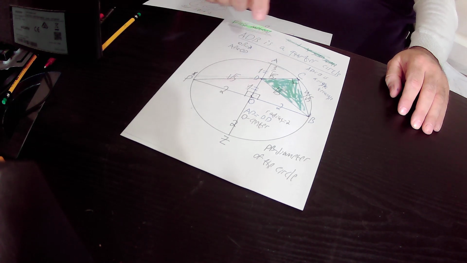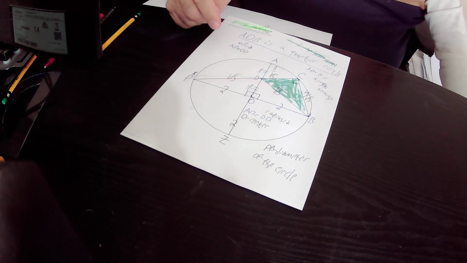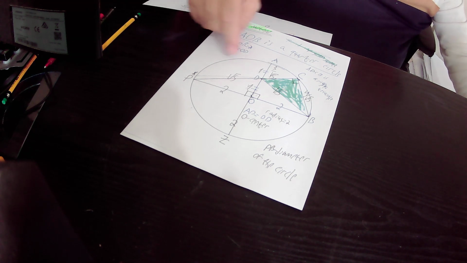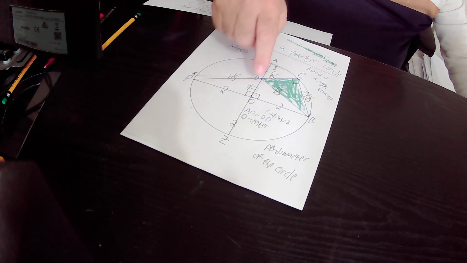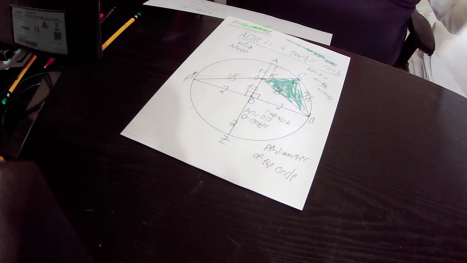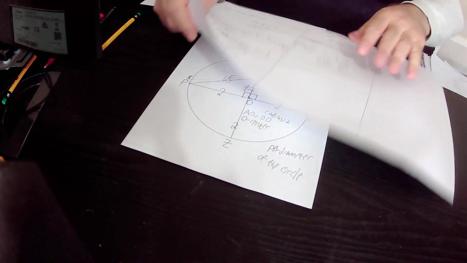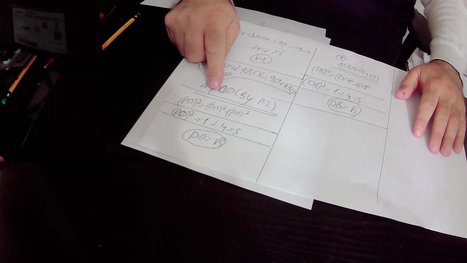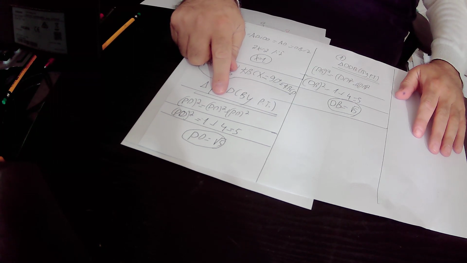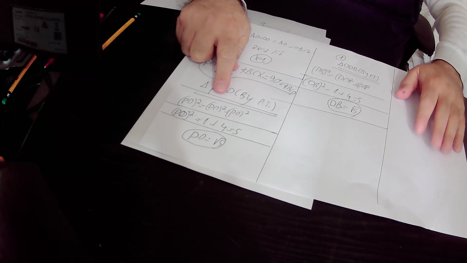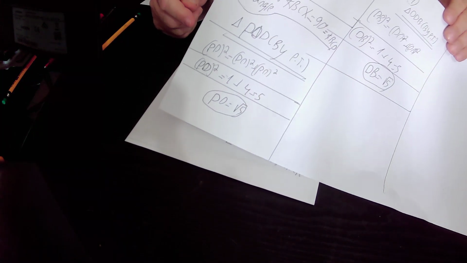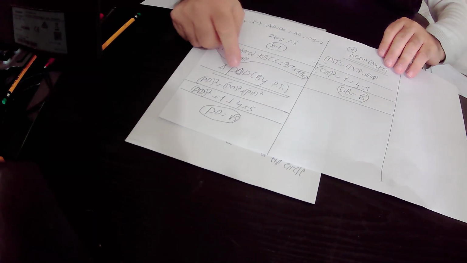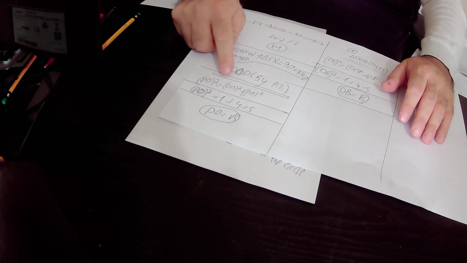We implemented the Pythagoras theorem here. In the right triangle POD, according to the Pythagoras theorem, PD squared equals DO squared plus PO squared.